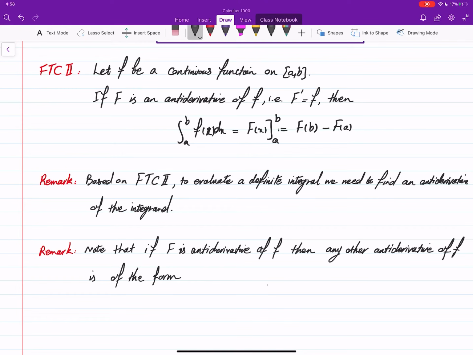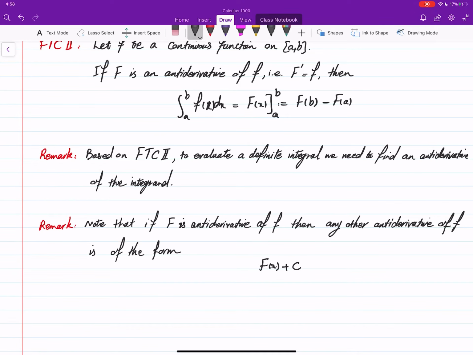If you find one of the antiderivatives, then you add any constant to that, the set of all the antiderivatives are of that form.